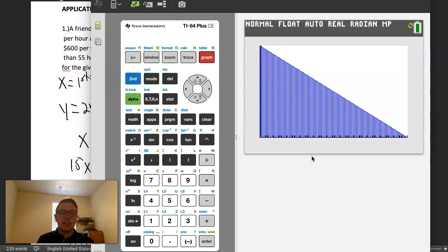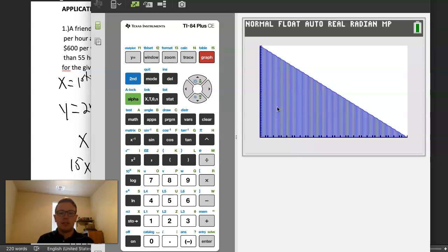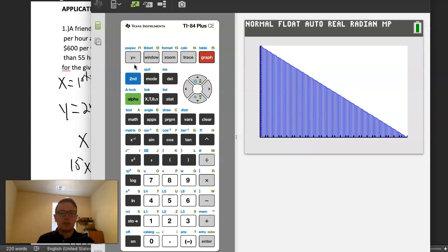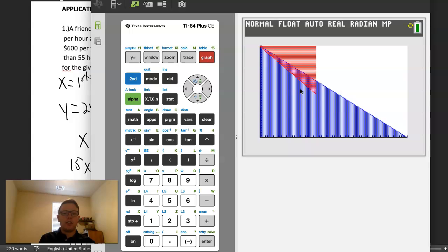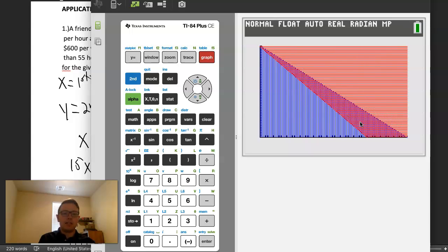So we see this area is the area that we can do in terms of hours. So blue is what we can do for hours, and red is what we can do for money. This little overlapping area in the middle is what we can do for either. So take a look at that.